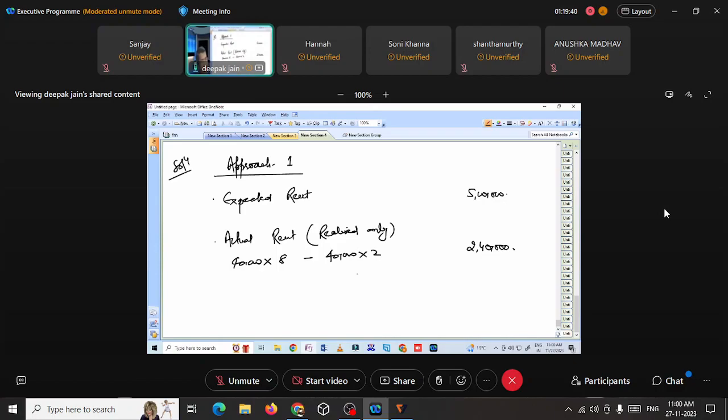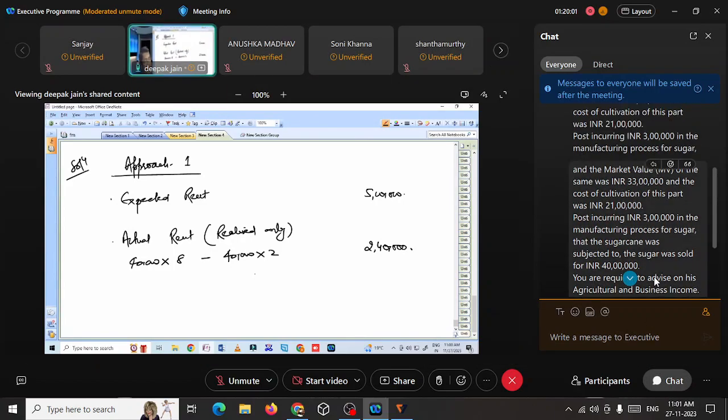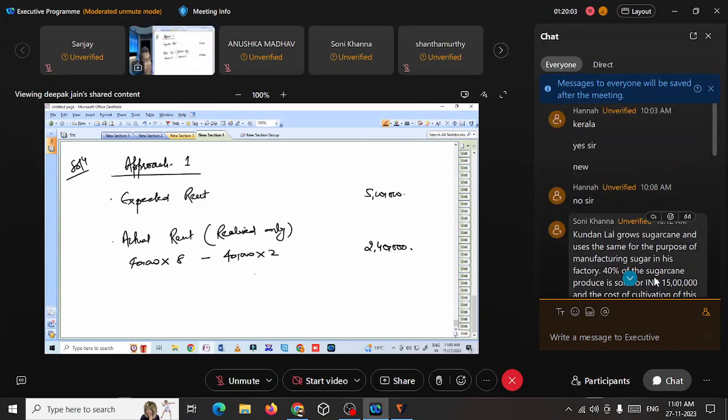Now actual rent is less than expected rent. And reason of reduction is vacancy or other than vacancy? Other than vacancy. How would I come to know? Had this property been let out for whole year, then annual rent would be 40,000 into 12, 480.